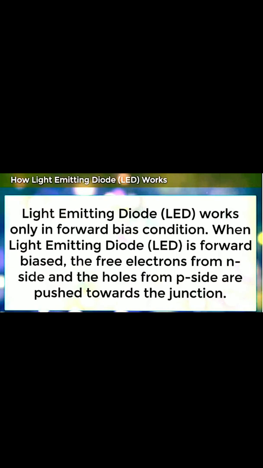When they are pushed together towards the junction, inside the depletion region the immobile ions are present, and the electrons and free holes recombine with each other. Before recombining they release some energy in the form of photons with some frequency, and these photons are emitted as light.